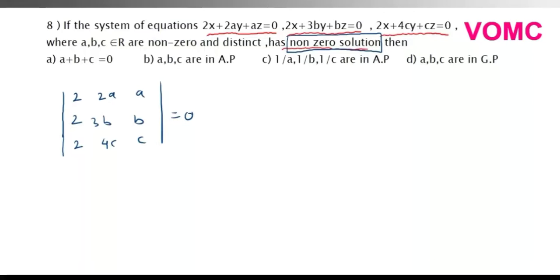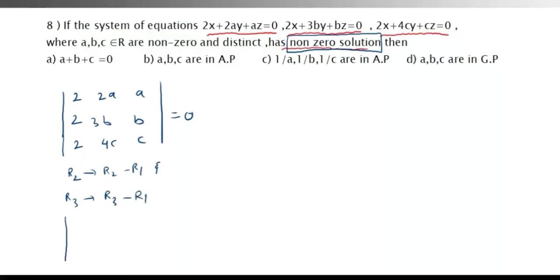Now expand the determinant. For that apply R2 implies R2 minus R1 and R3 implies R3 minus R1. Then we will get det of 2, 2a, a; 0, 3b minus 2a, b minus a; 0, 4c minus 2a, c minus a is equal to 0.